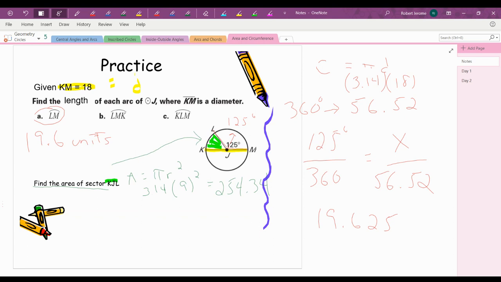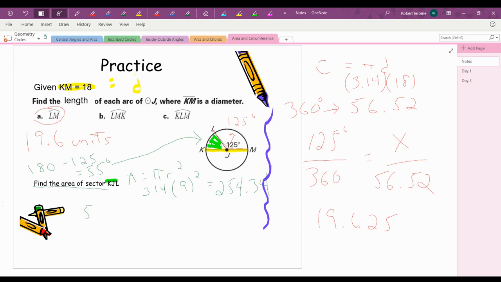It wasn't given to us, so we're going to have to figure it out. If we look at it, we have a half of a circle. We know the red one, LM, is 125. So if we subtract, 180 minus the 125, we get 55. So we know that this sector represents 55 degrees of the circle.